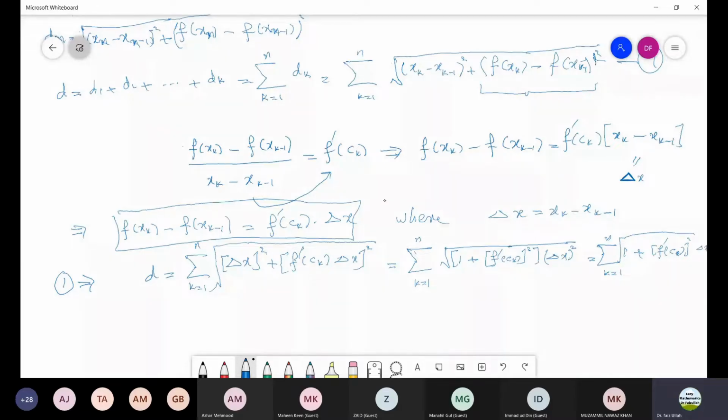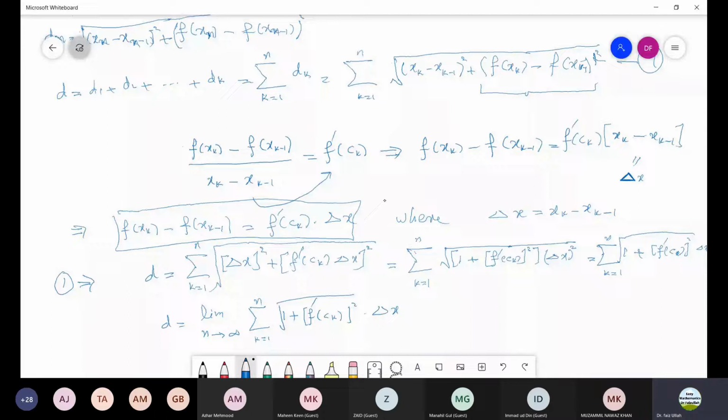In the next step, let us take limits. Limit as delta x approaches 0, or we can say n approaches infinity, of the summation k from 1 to n, square root of 1 plus f'(ck) whole square into delta x.